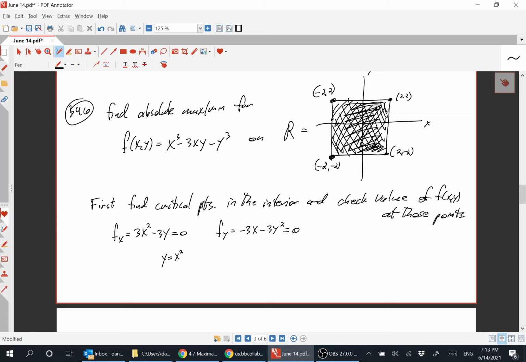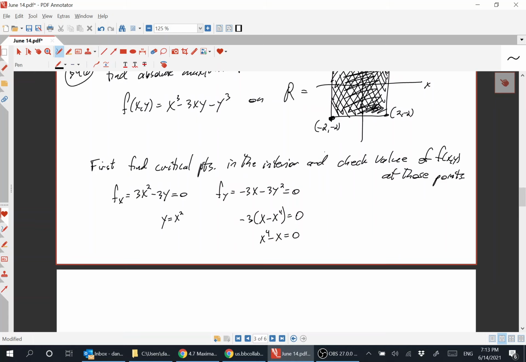Putting that over here, we have minus 3x minus x to the fourth is 0. So x to the fourth minus x is 0. Y is equal to x squared, right? So this is x times (x to the third minus 1) is 0.